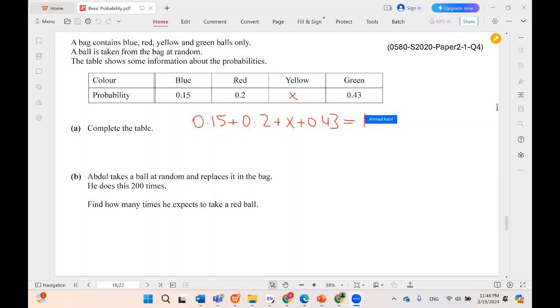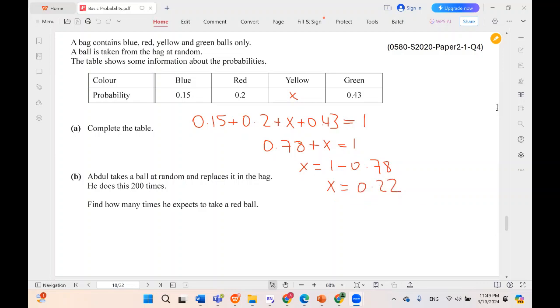And we can use the calculator to simplify the left-hand side. So 0.15 plus 0.2 plus 0.43 gives us 0.78. So 0.78 plus x equals 1. We subtract 0.78 from 1. And this gives us a value for x, which is 0.22.